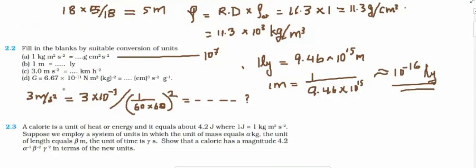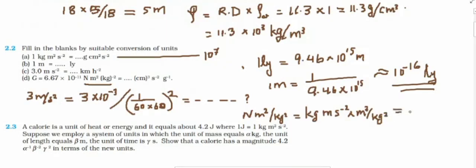Okay, so here first of all we can take this unit Newton meter square per kilogram square, and Newton can be written as kilogram meter per second square, into meter square divided by kilogram square.